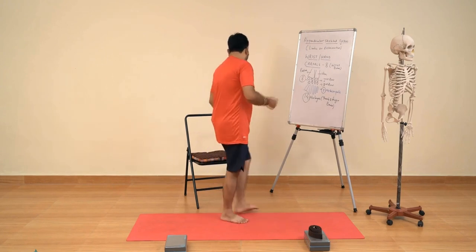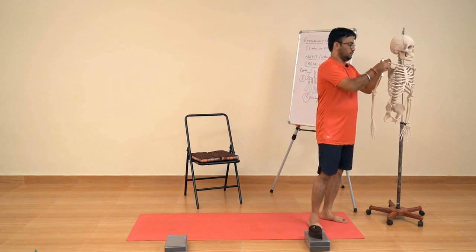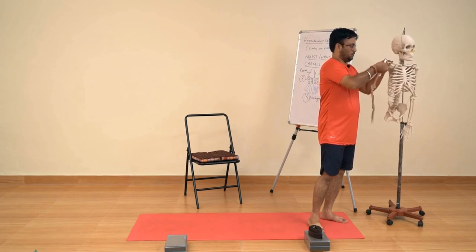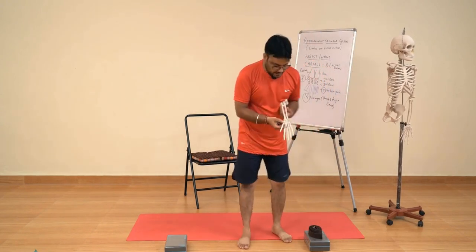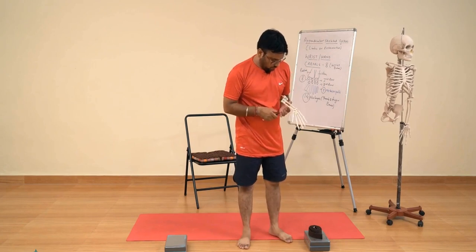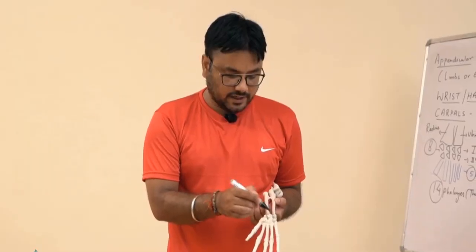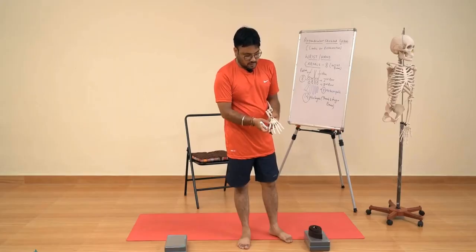If we go deeper into the skeletal system here, you can see this is the radius and this is the ulnar end, right? The radius is broader, the ulna is much less broad.